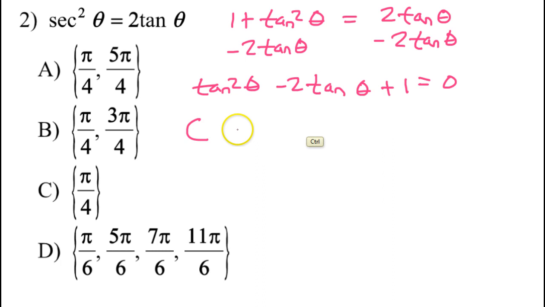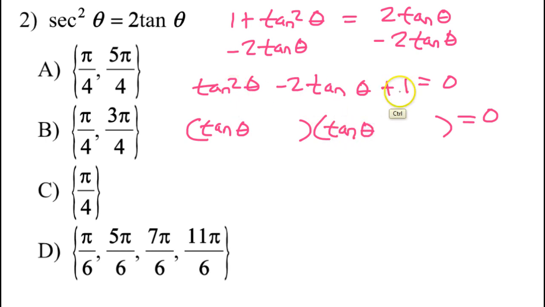So I'm going to just go ahead and try to factor this in the normal way that we would factor a polynomial. For example, tangent squared will be tangent times tangent. Alright, now skip over to this third term. 1 is only factored as 1 times 1. Now inner plus outer must equal the middle.